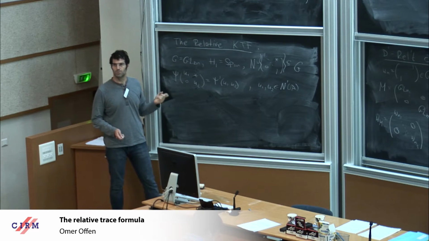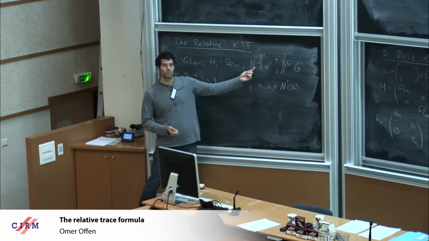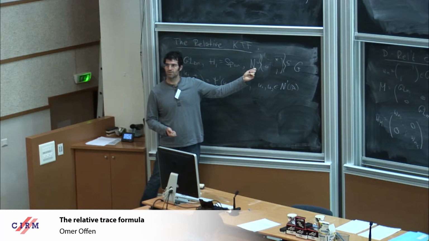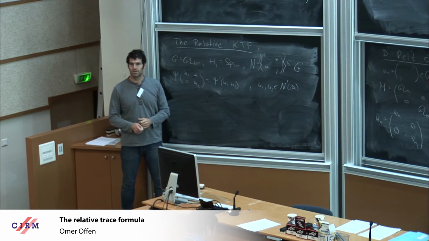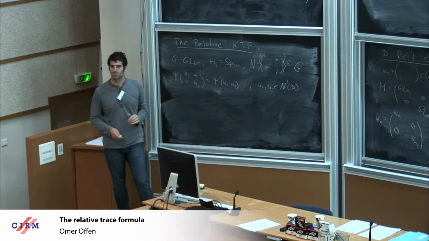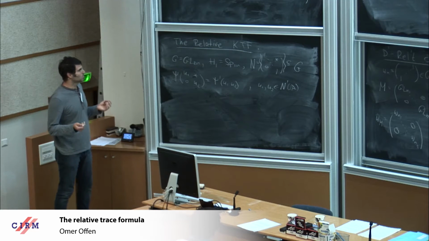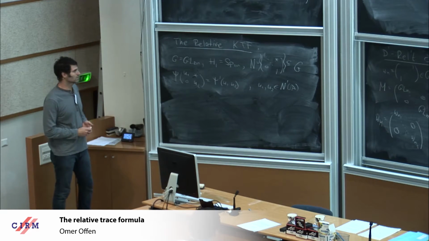And we already know from the previous lectures that generic representations, the ones which are N distinguished with respect to a non-degenerate character, cannot be SP distinguished. So if I chose a generic character, the relative trace formula in this case would be 0. Okay? So in order to have non-empty information, we're taking the degenerate character.